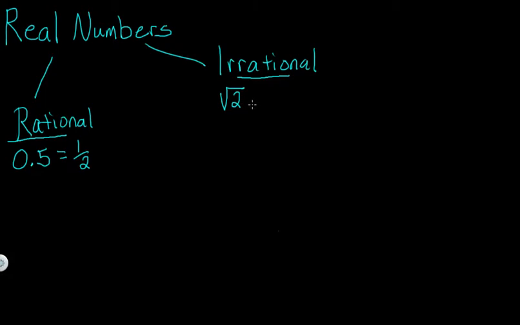And there is no integer, there's no whole number that you can multiply by itself that will give you 2. So the square root of 2, we can approximate that as the number 1.414. If you put it in your calculator, you get 1.414213562.